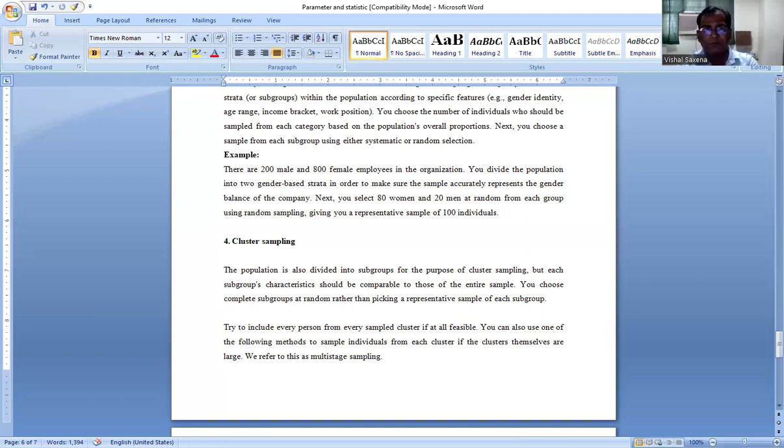What to do? First, divide the population into groups, and each group should have the same characteristics as the sample.